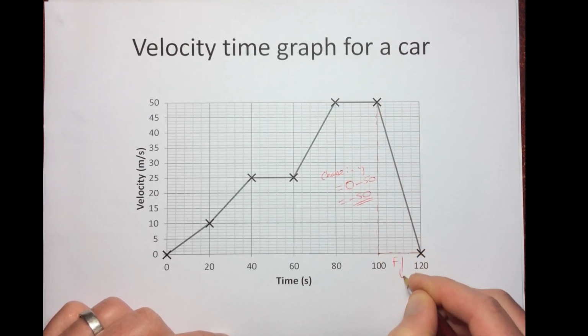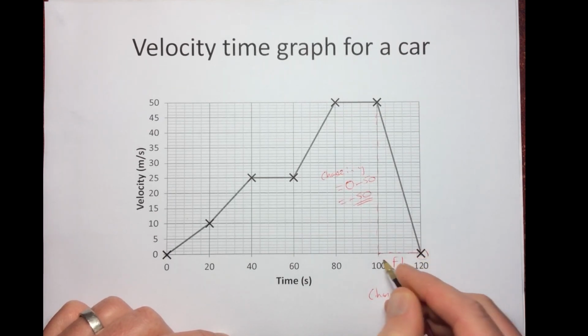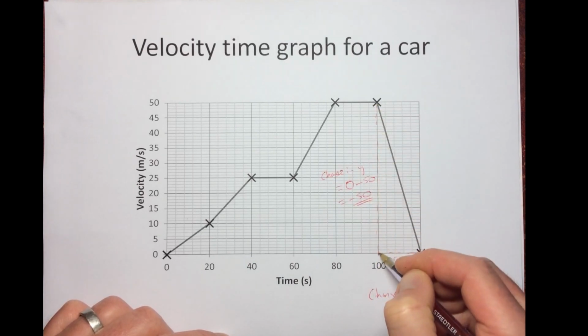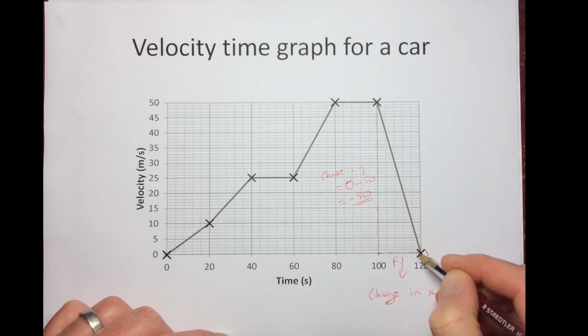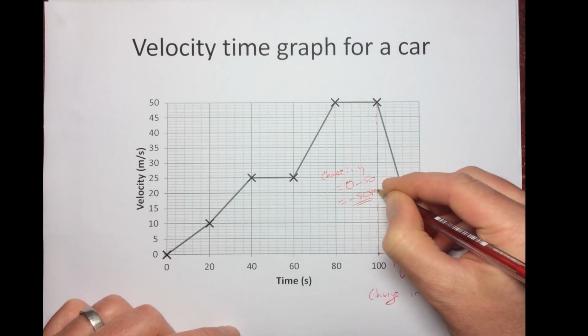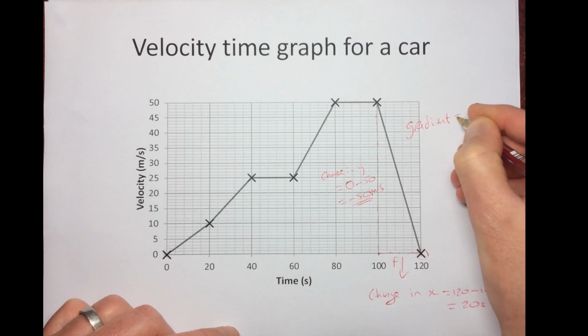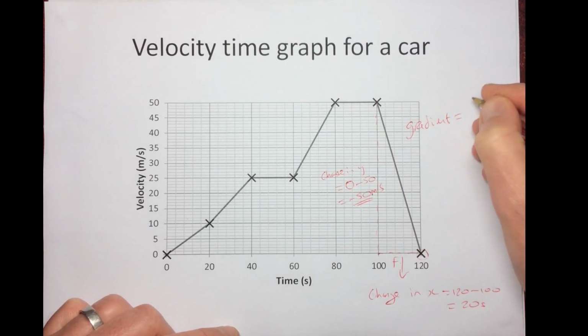Now your change in x is equal to the final value on the x-axis minus the initial value on the x-axis. So the final value is 120, the initial value is 100. Right, so that's 20 seconds, and this was meters per second. So the gradient here is equal to minus 50, that's your change in y.